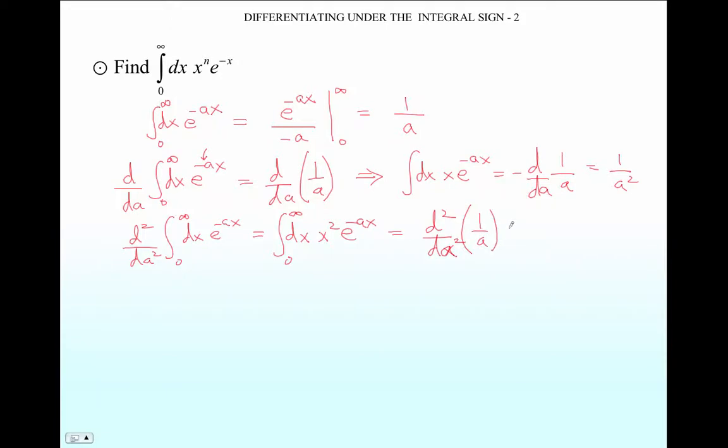And that then, when you differentiate 1 over a squared, you get 2 over a cubed. And so that's 2 over a cubed.